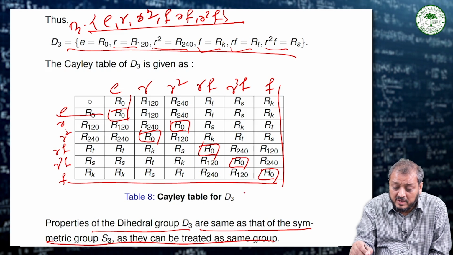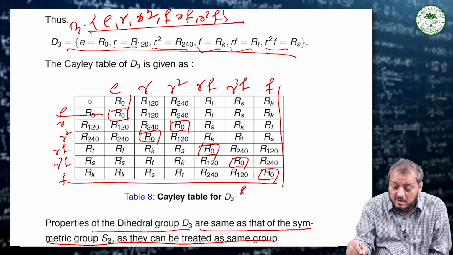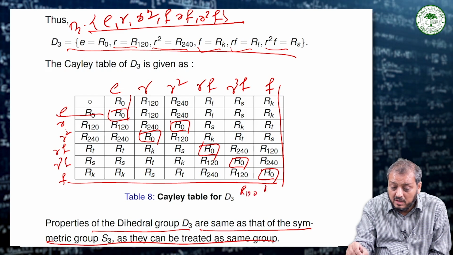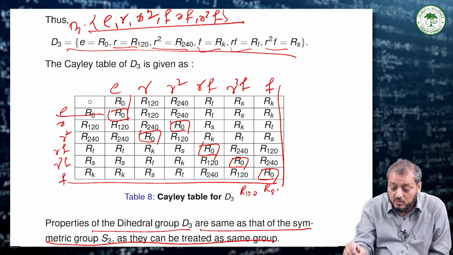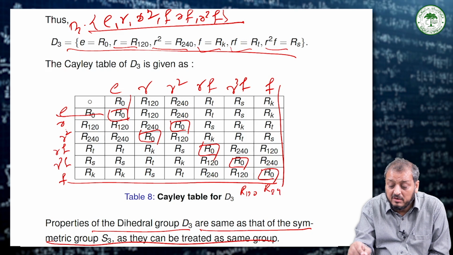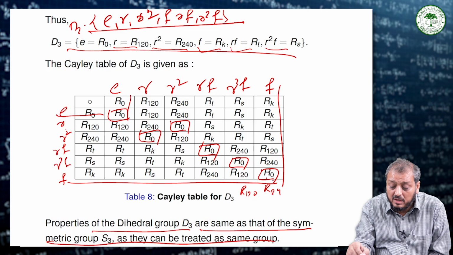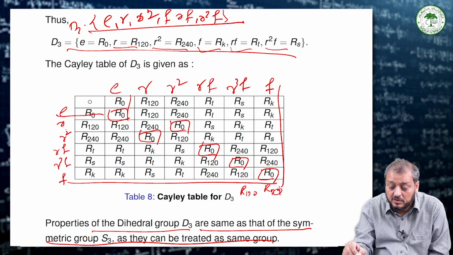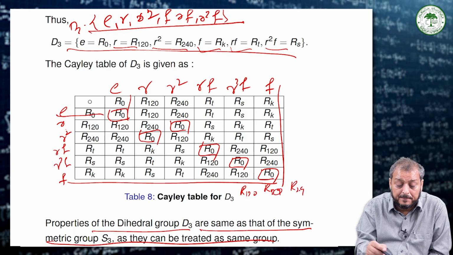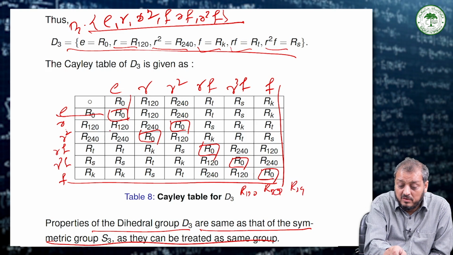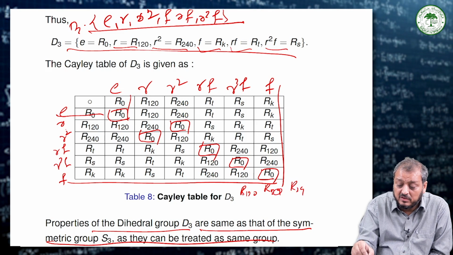So, this should look like this: R 120, R 240, and then sorry, this R 120, R 0 or R 240. So, you can just leave this.